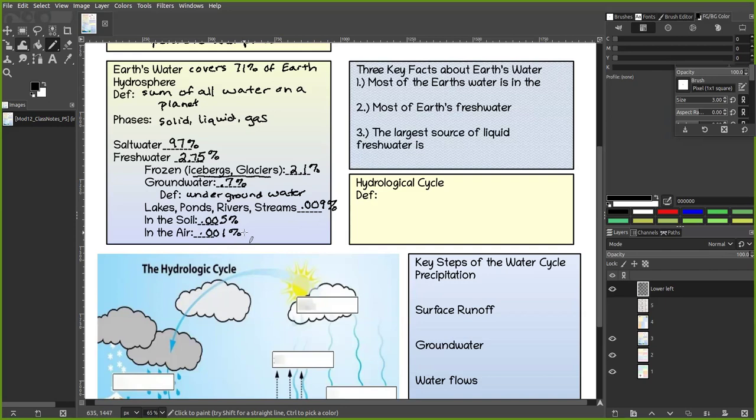Now, 3 key facts about the Earth's water that we can take out of these statistics we've just listed out. Most of the Earth's water is in the oceans, and it's salt water. Now, most of the Earth's fresh water is stored in icebergs and in glaciers.